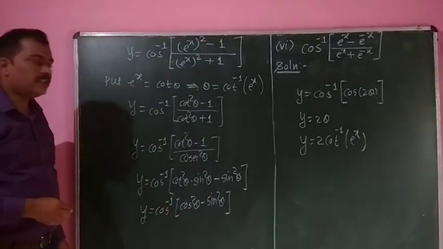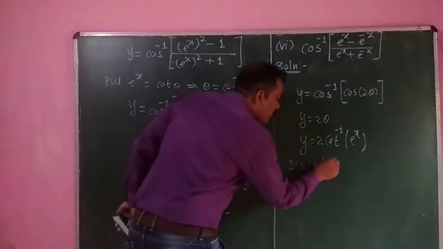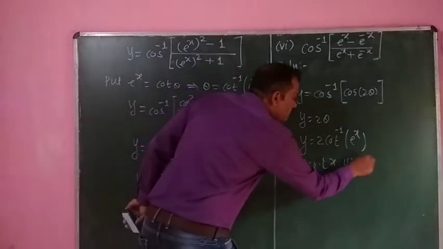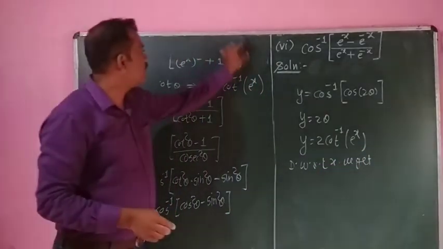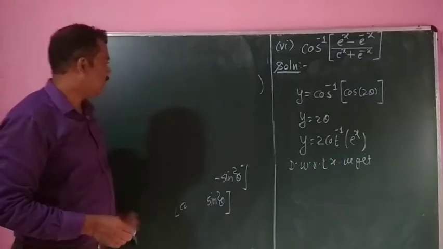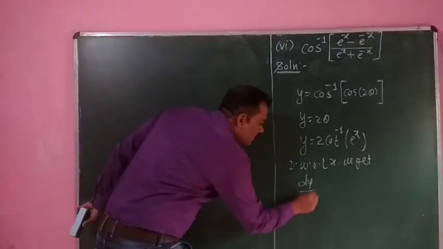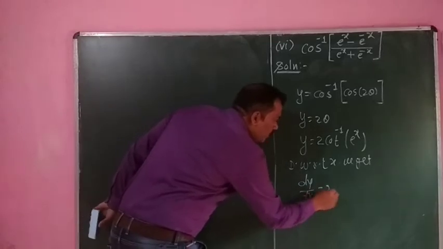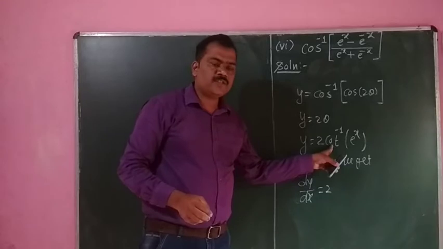Now we have to differentiate with respect to x. We get dy by dx equals 2 into... first of all we have to take the differentiation of cot inverse of x.